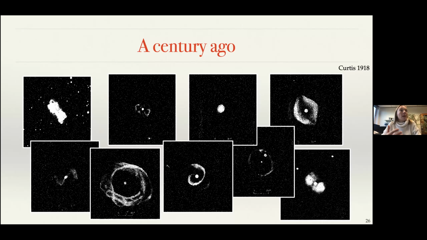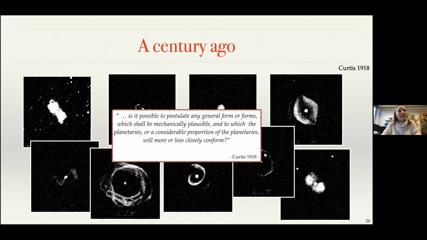and you can see that he could see a lot of morphologies that were highly different one with respect to the other. And it led him to wonder the following: if it would ever be possible to postulate any general form or forms which shall be mechanically plausible, and to which the planetaries, or a considerable proportion of the planetaries, will more or less closely conform.